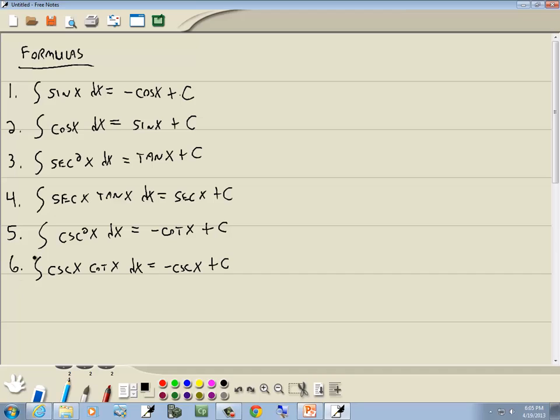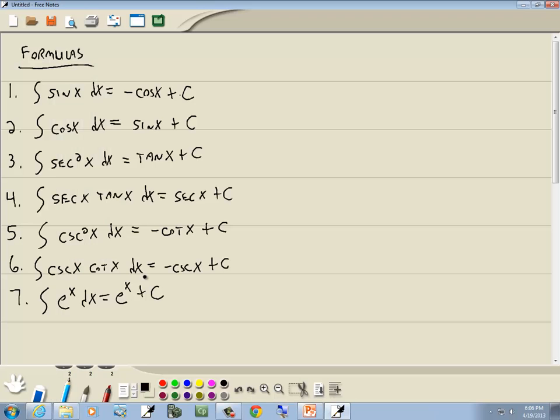And even though it doesn't belong here because those are the trig ones, the integral of e to the x dx is going to equal e to the x plus c. That one's kind of self-evident. Because remember when we found the derivative of e to the x? The derivative of e to the x was e to the x. So the integral of e to the x is e to the x. So these are the next formulas we're going to need.